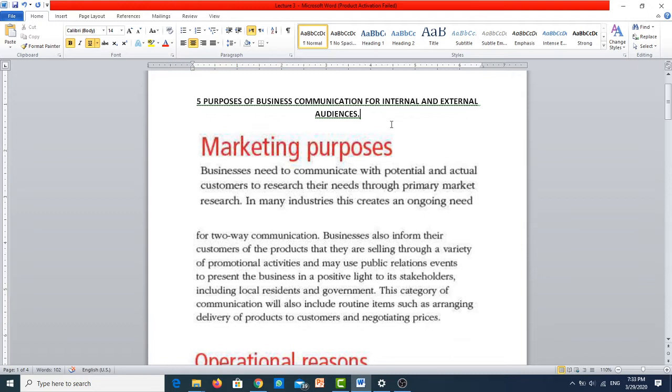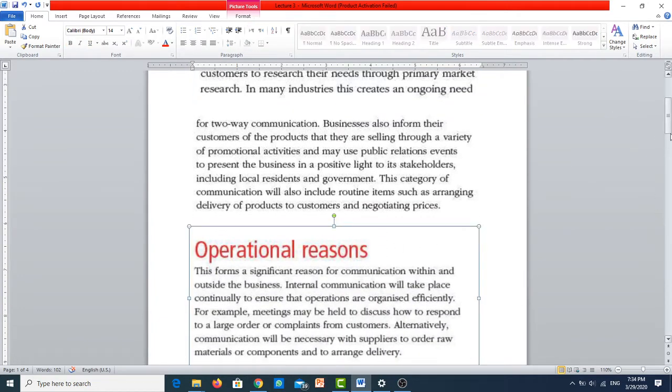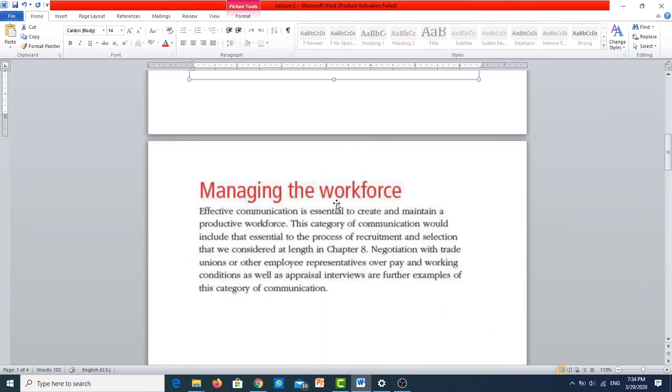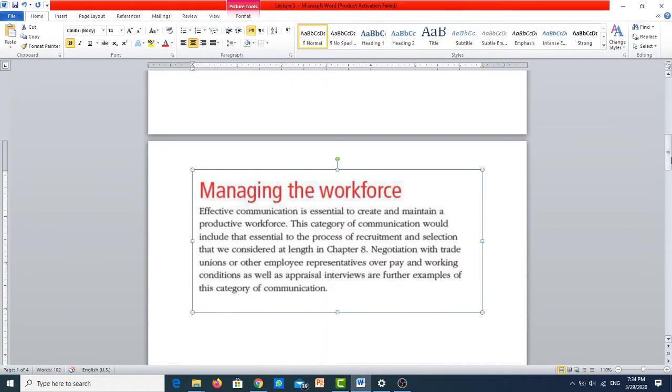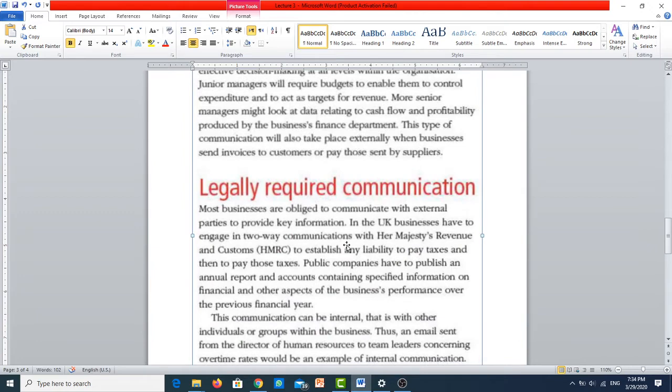In this purpose, the communication tells you the 5 purposes, and that is marketing purpose. The second one is operational reasons. The third one is managing the workforce. The fourth one is financial communication, and the last one is legally required communication.